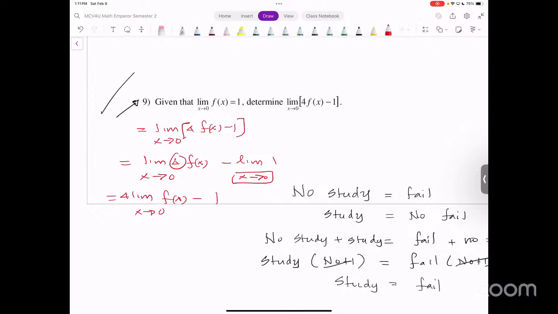The limit of a constant is simply the constant. 4 times, they gave us, this is equal to 1. So 4 minus 1 is going to be 3. So we apply the limit rules to find the answer. Make sense? I just directly substituted by accident. I got you.